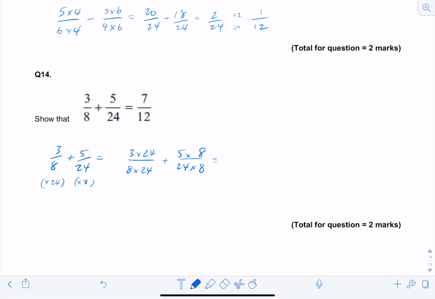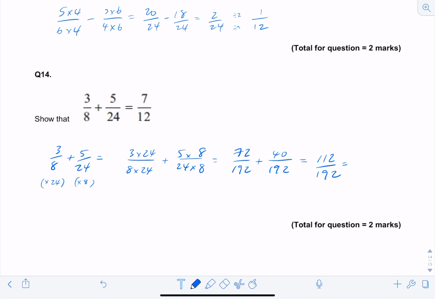Do you know the 24 times table? Because I don't. 3 times 24 is 72, over 8 times 24 is 192, plus 5 eighths. I know that. That's 40 over 192. 72 plus 40 is 112 over 192.